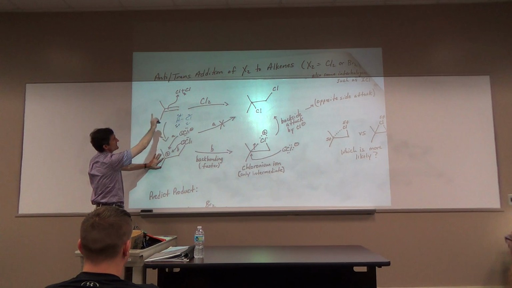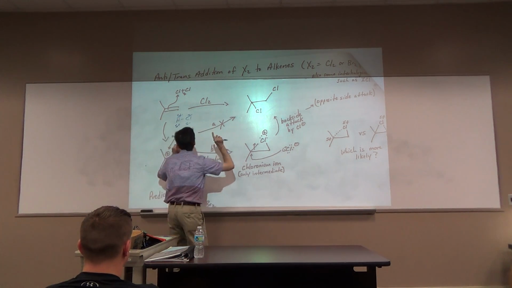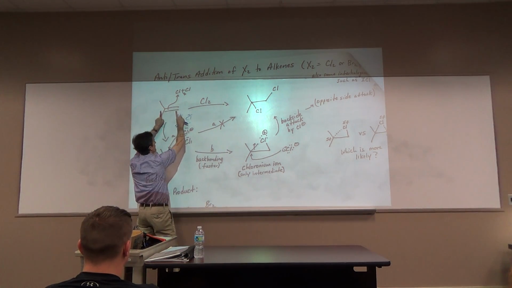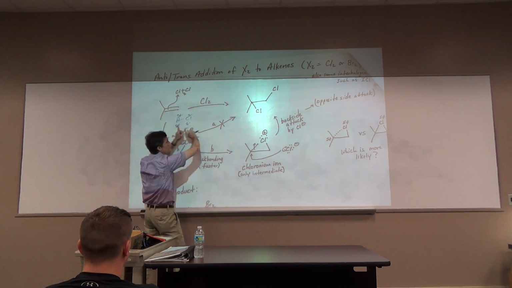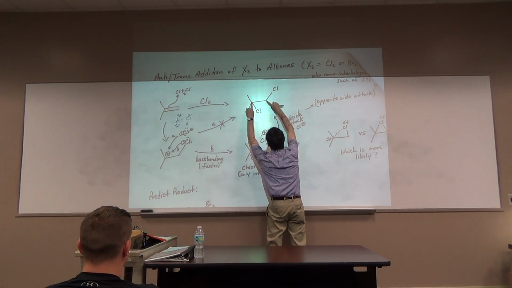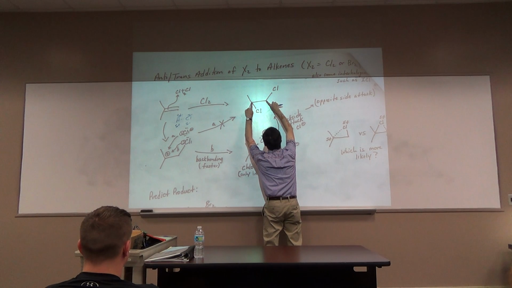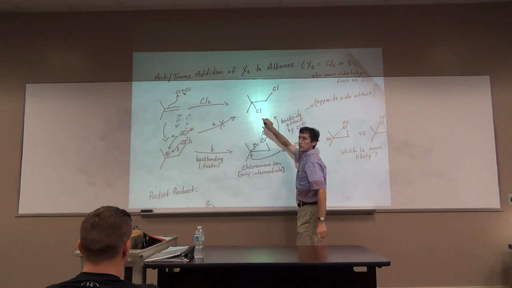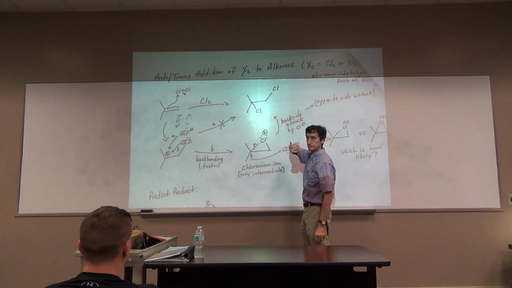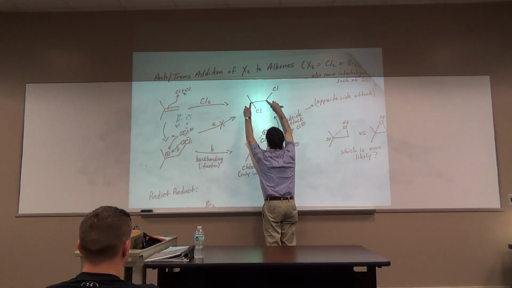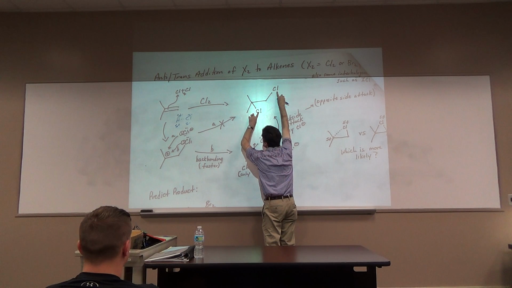Now the outcome is an addition of the chlorine across the pi bond, that is to each carbon of the pi bond. And so now we have a chlorine here and here. And you can draw them in any direction, because right now we're not worried about stereochemistry. Just connectivity. Here and here, which was originally the alkene carbons. We added chlorine to the alkene.